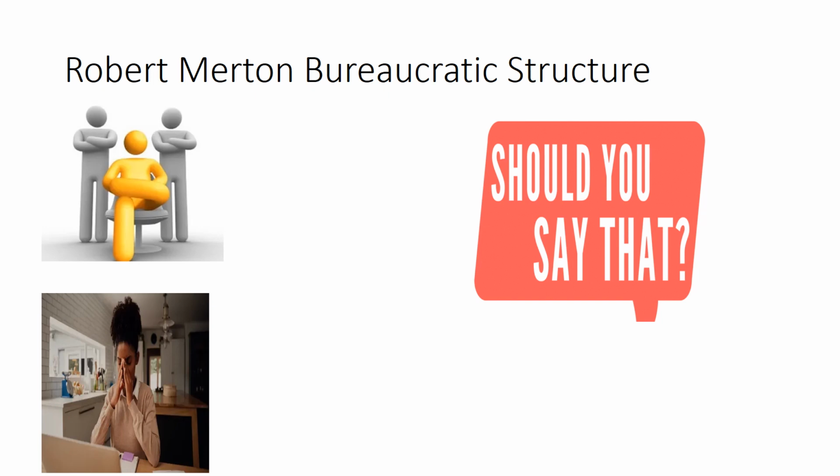Next, I would like to discuss Robert Merton and his bureaucratic structure. In the book, it's called Bureaucratic Structure and Personality. He broke it down into five different categories: authority, formality, bureaucratization, dysfunction, and structural sources.